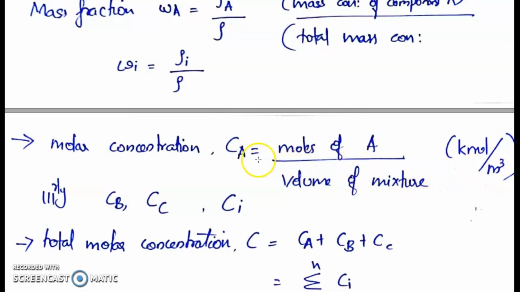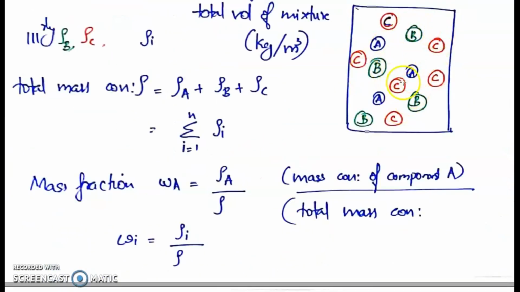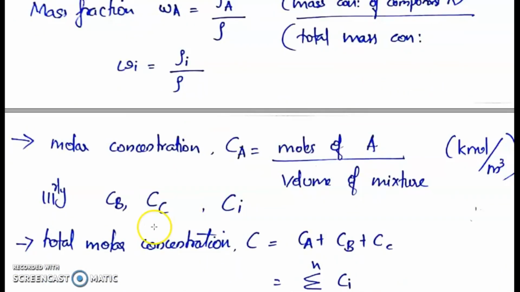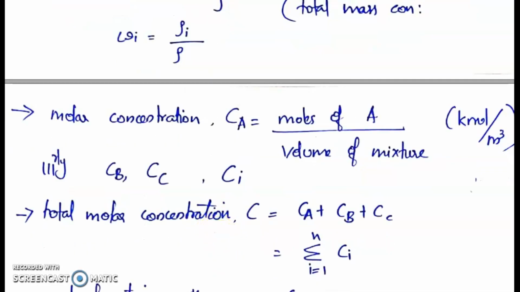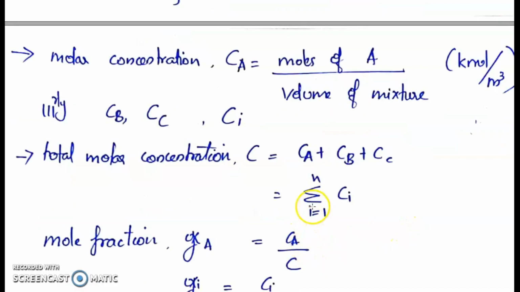The unit of molar concentration is kilomole per meter cube, and it is represented by capital C with suffix A. Here A represents molecules of A. Similarly, we can write C B and C C, which mean molar concentration of B and C, and generally I can write it as C I. Like total mass concentration, total molar concentration C is equal to C A plus C B plus C C, which can be written as sigma C I.